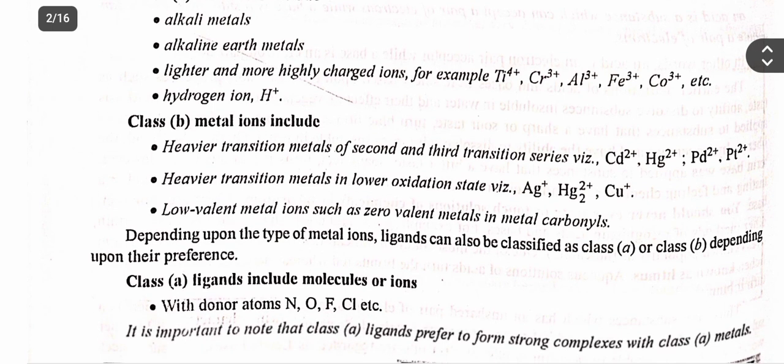Class B metal ions include heavier transition metals of second and third transition series, for example, cadmium 2+, mercury 2+. Heavier transition metals in lower oxidation state like Ag+, Hg2 2+, Cu+. Low valent metal ions such as zero valent metals in metal carbonyls.